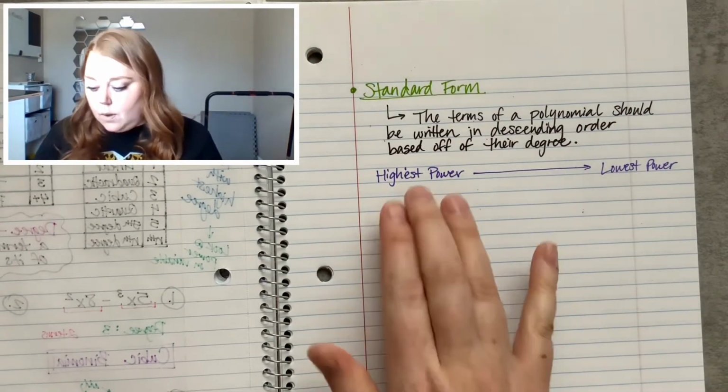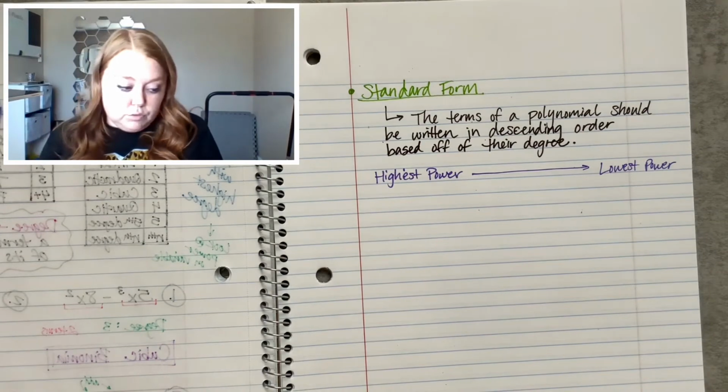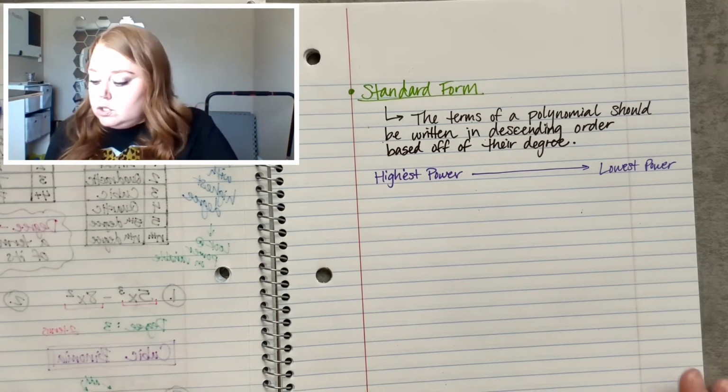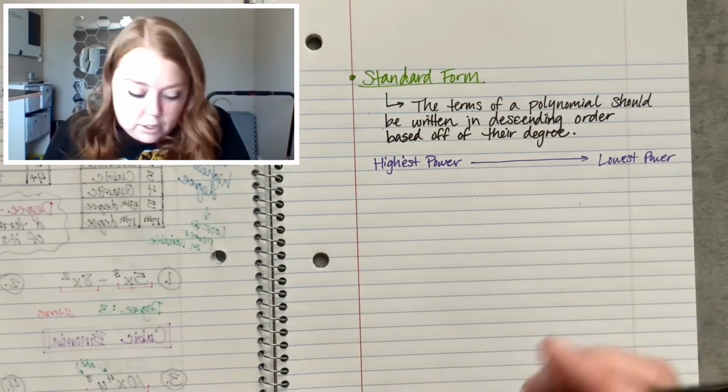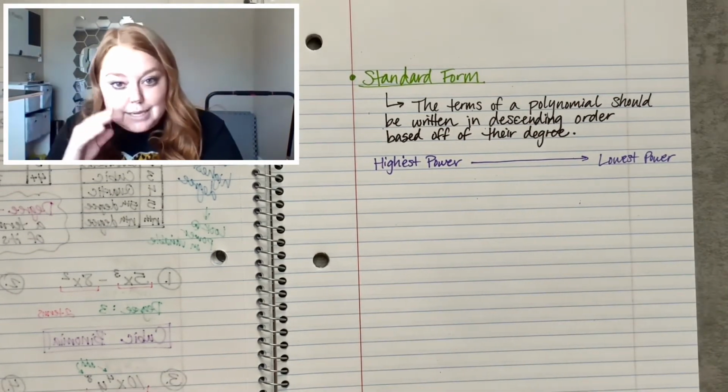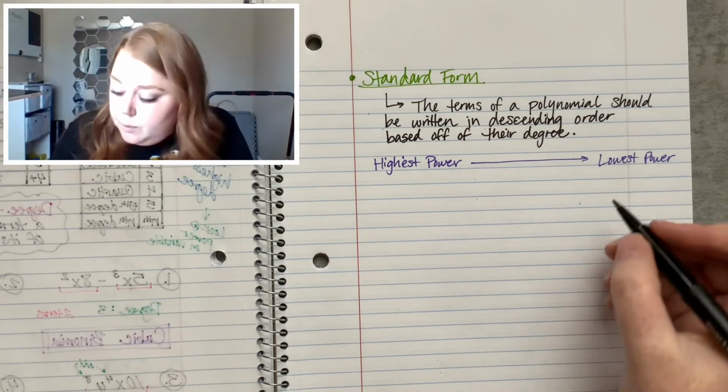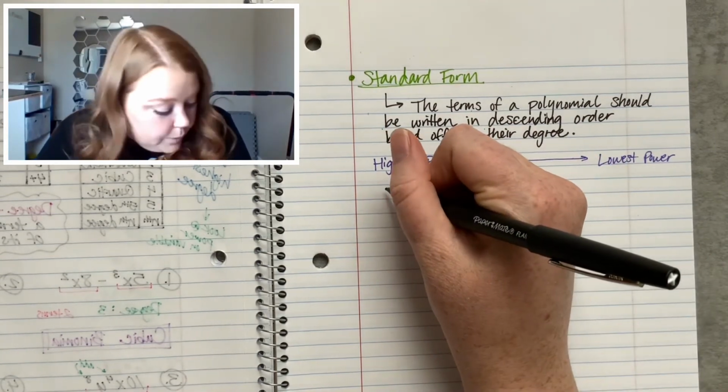Okay. So highest power to lowest power, that's really what standard form means. So let's practice that. We're going to write a polynomial nice and big here, and we're going to really dissect it so we can talk about some vocab pieces. So here we go.